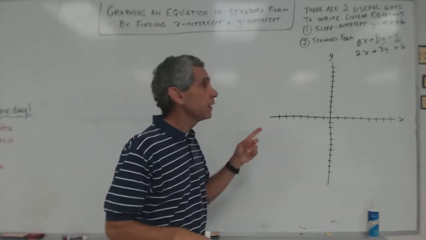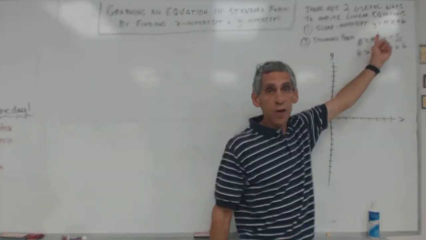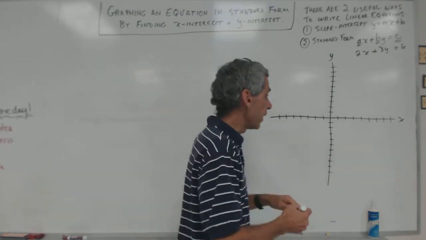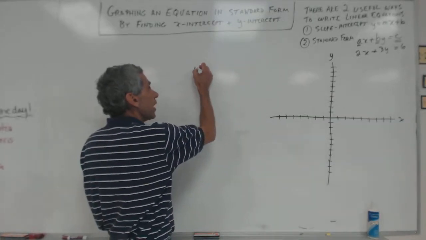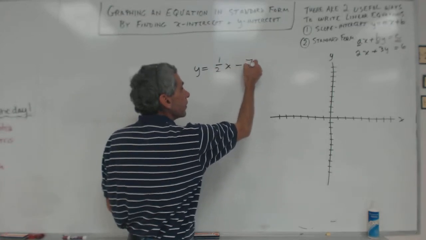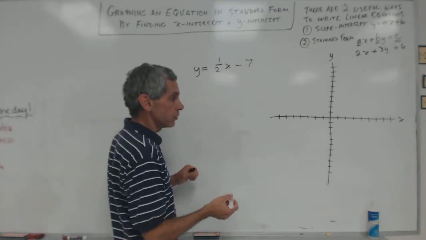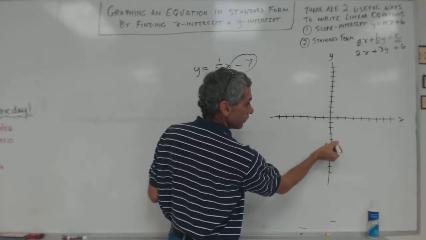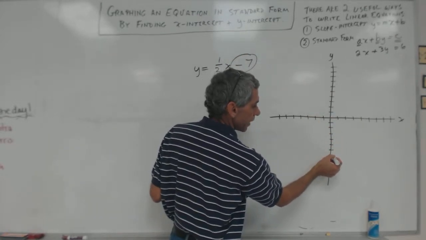Well, that's what we're actually doing. Right now, you all know how to graph slope-intercept, right? If I said graph y is equal to 1/2 x minus 7, you would know what to do. You immediately go down 7, 1, 2, 3, 4, 5, 6, 7, and you put a dot there.